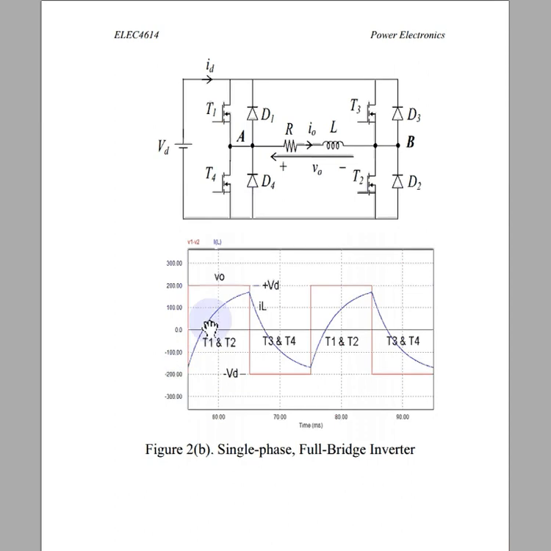So this is the load current IL and output voltage V0. This is the working of single phase full bridge inverter.